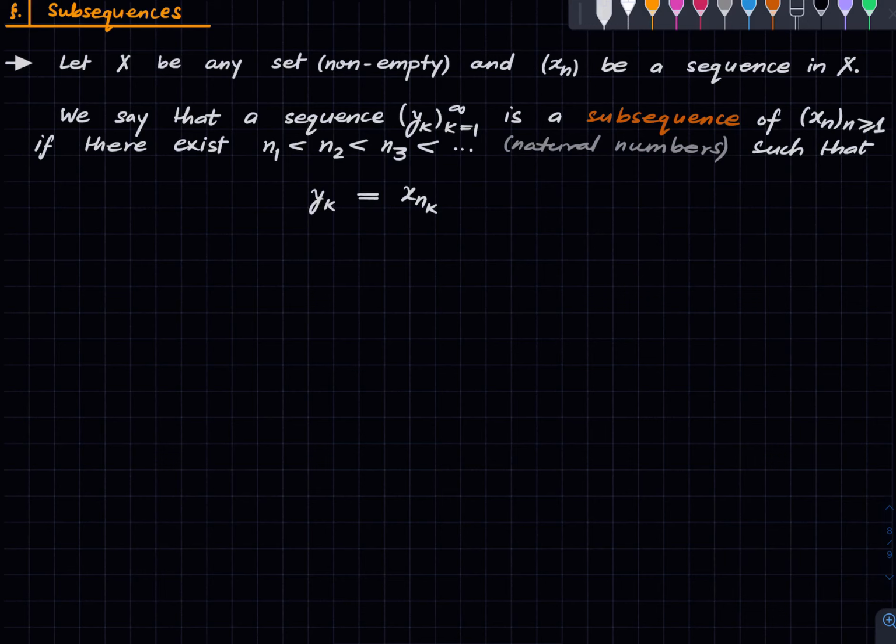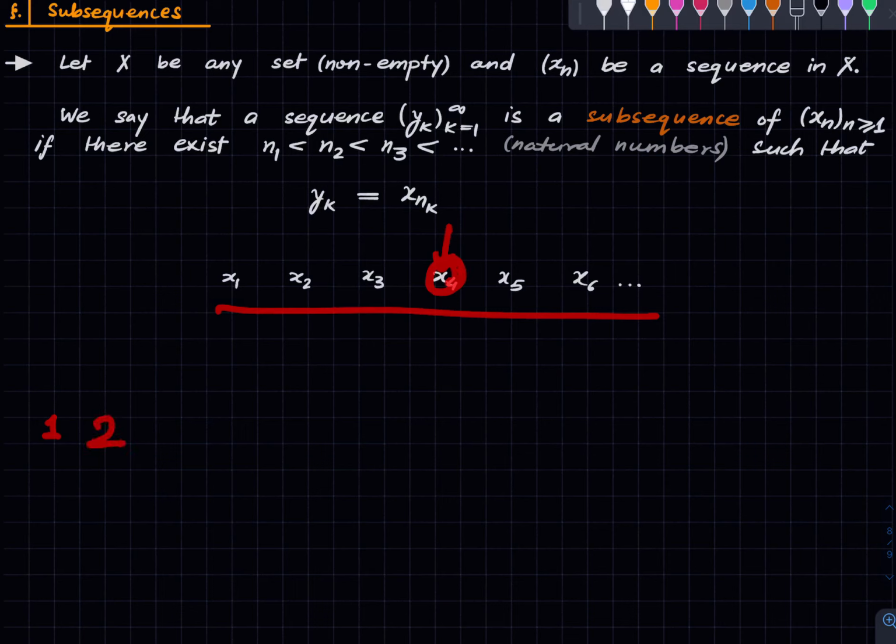to say. So we have this infinite list, x1, x2, x3. Let me make some more. We have this infinite list. What is a subsequence? You pick a natural number 1 and select some guy from this. Okay, let's say we choose this. Then you have a natural number 2, and then you select some guy that comes after. You select that.